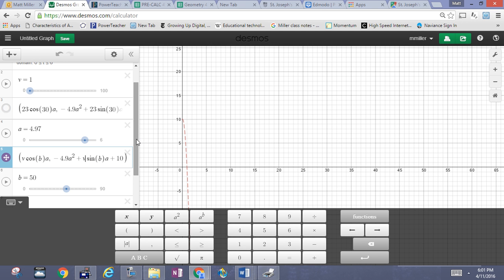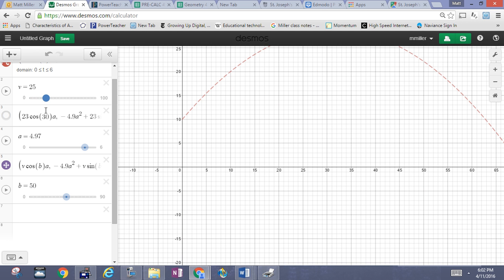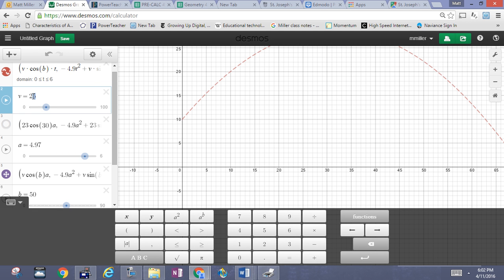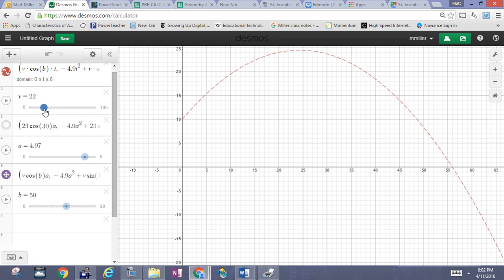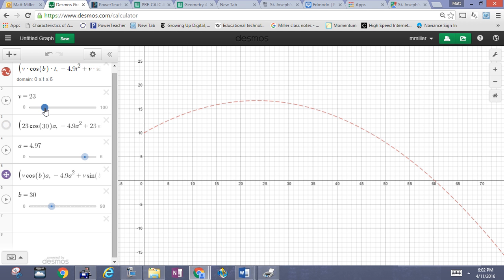and because my step was 5, I have to alter my velocity, but we can do that on an individual basis. So we can go back to our initial velocity of 23 here, and the angle, of course, being 30. But then we could also venture to see that we could get more range with a higher velocity.